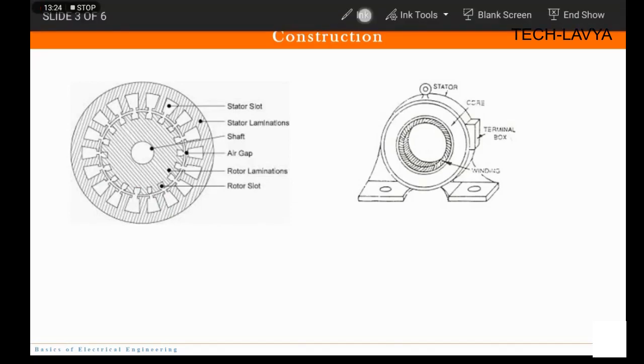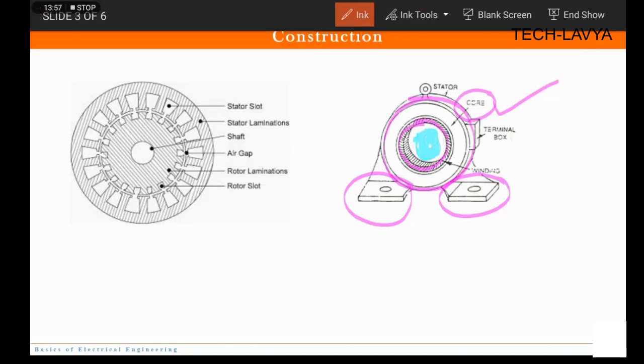And this is how it physically looks like. So these are the stands so that it can be kept safely. Okay, and this outer structure is the stator. And see, these are the windings, and this is the core. And in this place the rotor is kept.